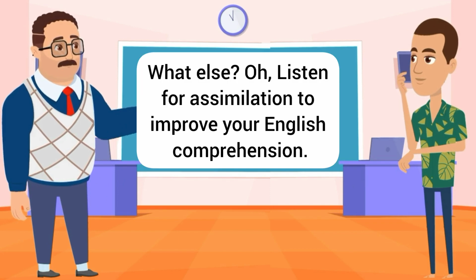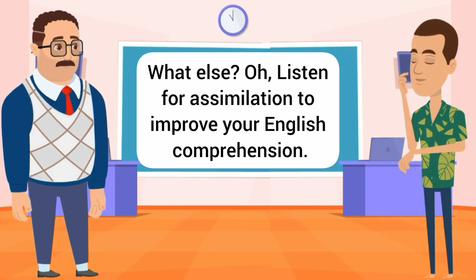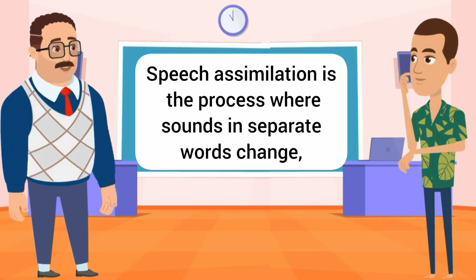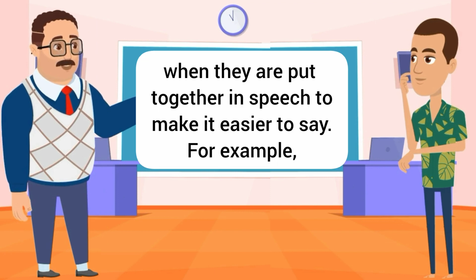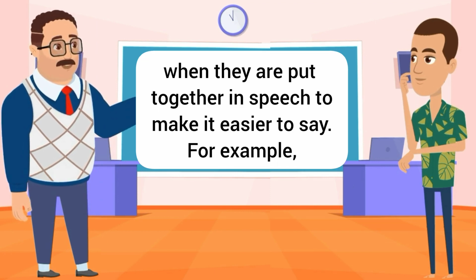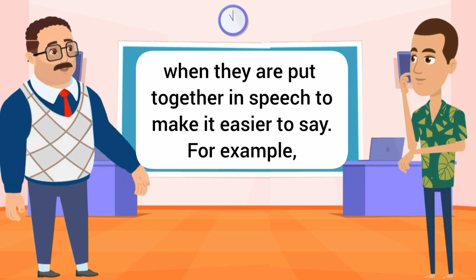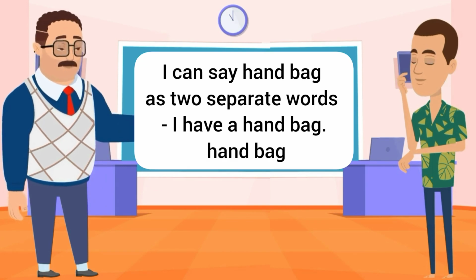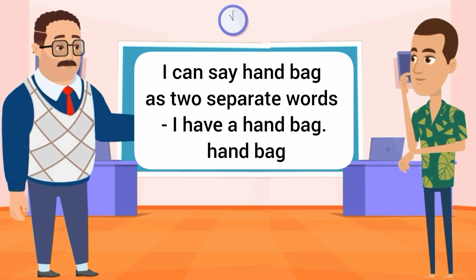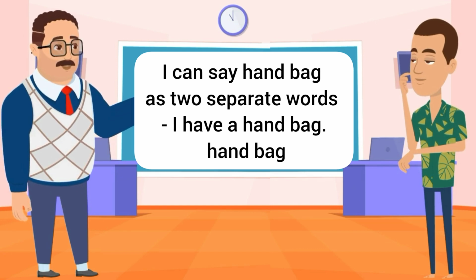What else? Oh, listen for assimilation to improve your English comprehension. Speech assimilation is the process where sounds in separate words change when they are put together in speech to make it easier to say. For example, I can say handbag as two separate words. I have a handbag, handbag.